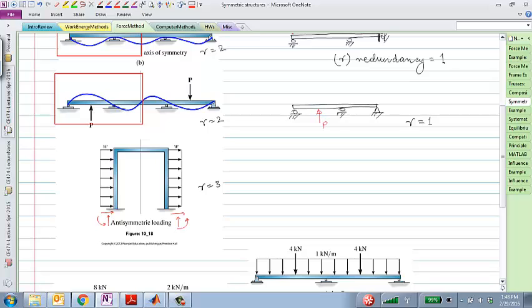This first vertical leg would behave like a cantilever beam with a uniformly distributed load, and this angle is maintained as 90 degrees, and the same thing for the other leg. Does that make sense?